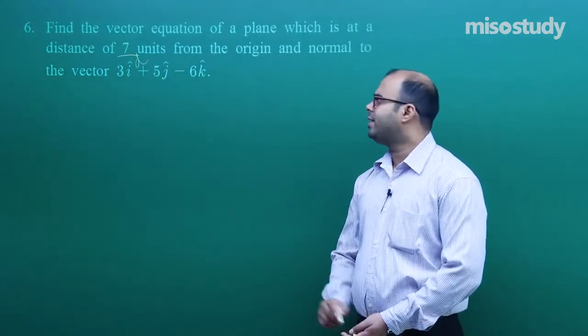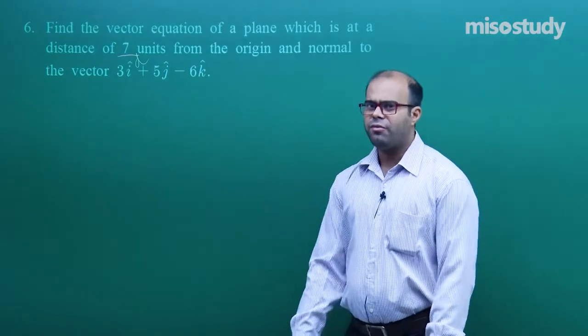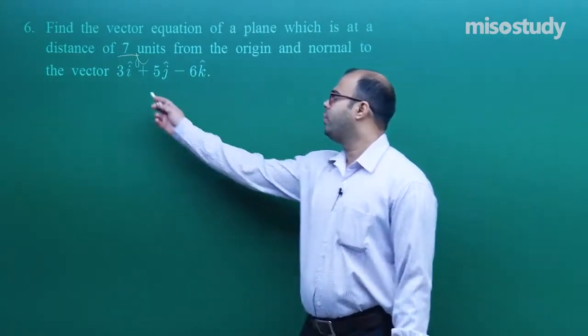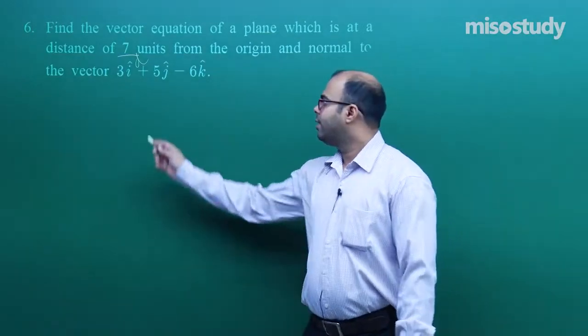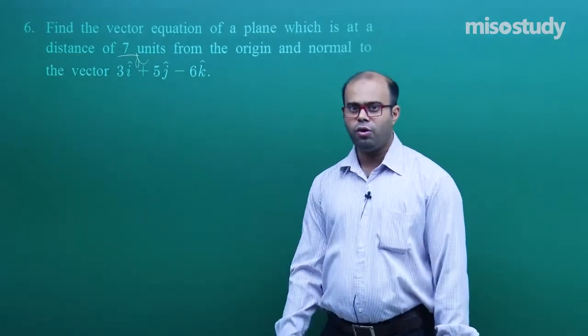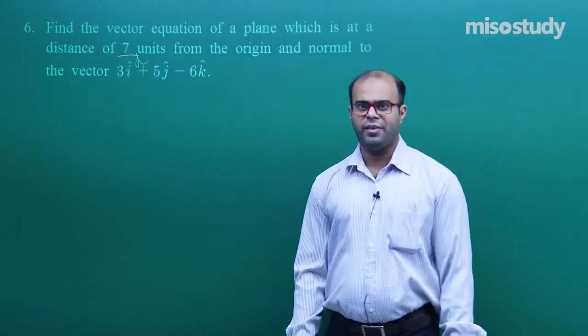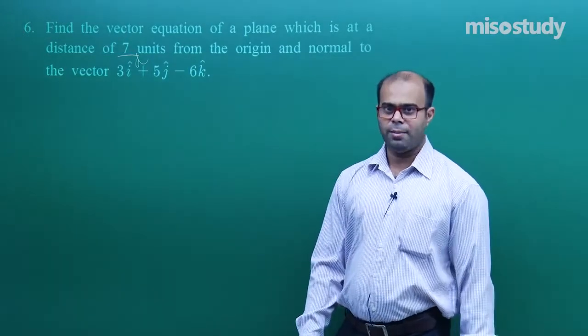And what else is given? Normal to the vector, but it is not a unit vector. But we can form the unit vector. Magnitude we know, 9 plus 25 plus 36. What will be that? 9 plus 25 will be 34 and plus 36 will be 70. So root over 70 is the magnitude.